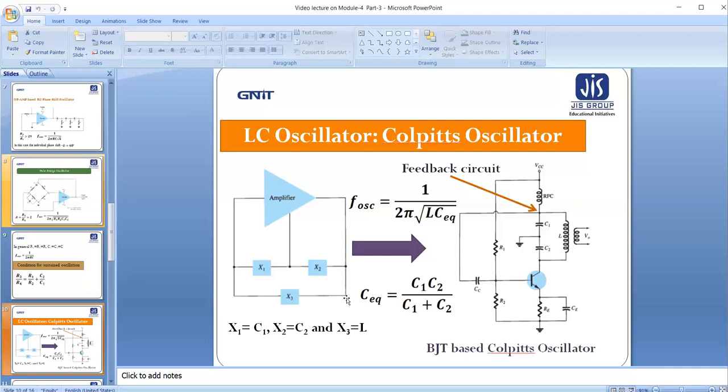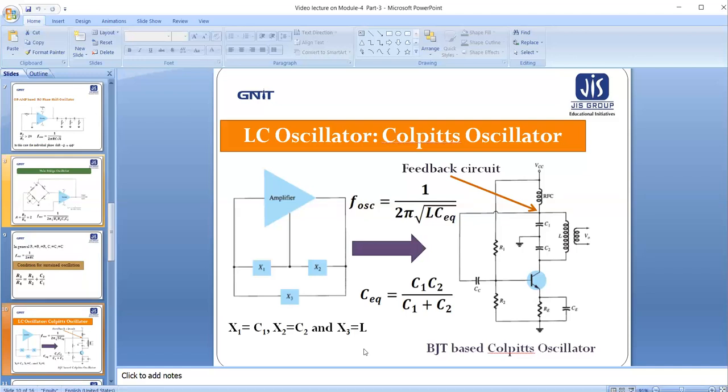Now in case of the Colpitts oscillator, we are seeing that X1 should be a capacitor C1, X2 will be a capacitor C2, and X3 will be an inductor. So that means when we are designing a Colpitts oscillator, whatever the amplifier may be, first we have to design the feedback circuit.